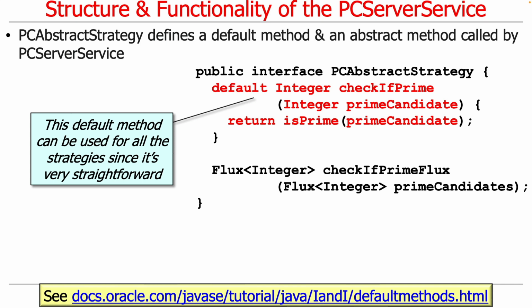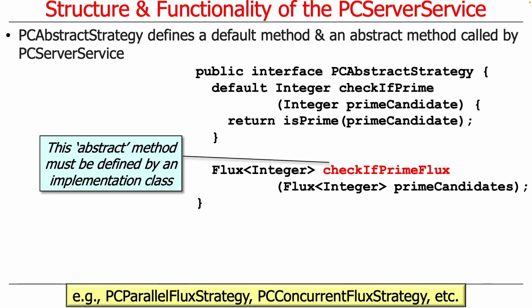What they do is allow you to provide an interface, but define the method's default behavior, which could be overridden. In this case, we don't override it because all it's doing is checking to see if a number is prime. This one, however, is more interesting because it checks if it's prime using a flux. There are actually a couple of different ways to do that using the parallel flux strategy and the concurrent flux strategy. We'll look at that when we actually walk through the code.